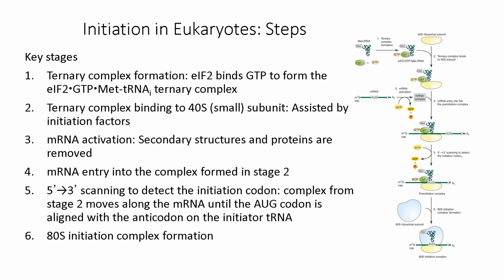Fourth, the mRNA binds to the ribosome complex. Fifth, the ribosome scans the mRNA from 5' to 3', looking for the start codon. Finally, the 60S subunit joins, forming the full 80S initiation complex. At this point, elongation is ready to begin.